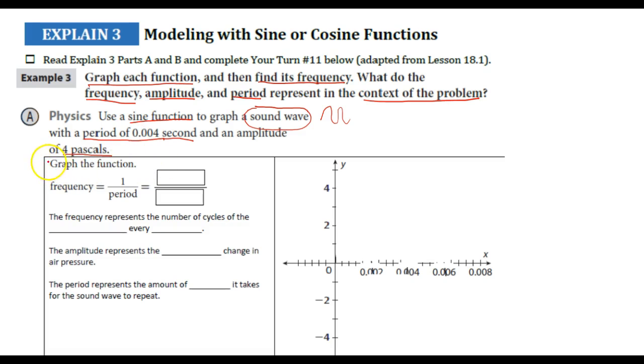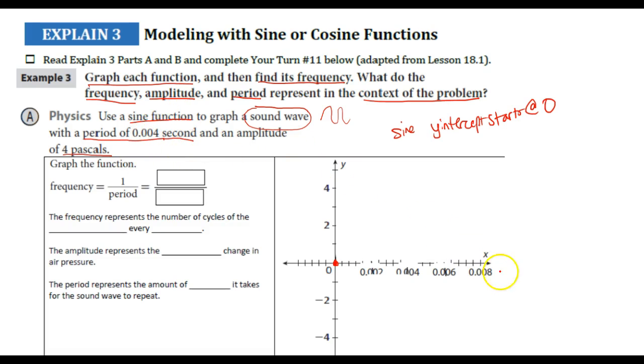So the first thing they ask to do, just like in the directions, is to graph that function. So remember, sine means we're going to have a y-intercept that starts at 0. So my first point I'm going to put is at 0 because it's a sine function. And they at least give us that, right? The next thing we're going to do is we see that there's a period of 0.004.